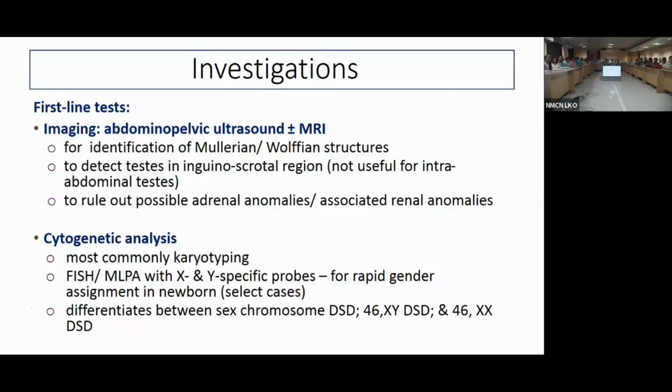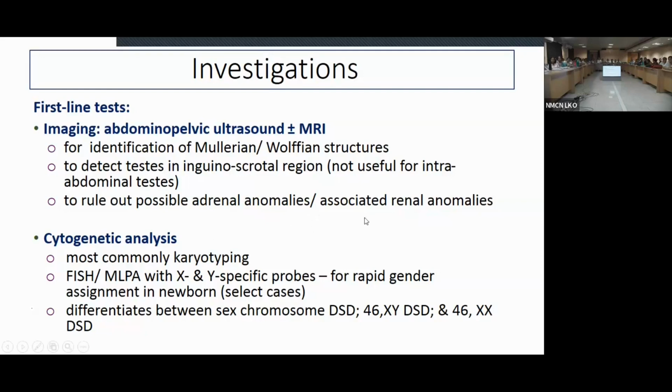USG scrotum, you can detect labioscrotal folds, but intra-abdominal testes, ultrasound cannot pick up, but MRI can. Sometimes. Okay. And then also you would like to rule out any adrenal enlargement and so on. And some of them may have associated renal anomalies, so you would want to look for those as well.